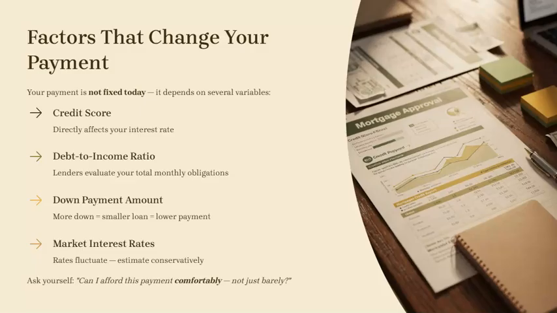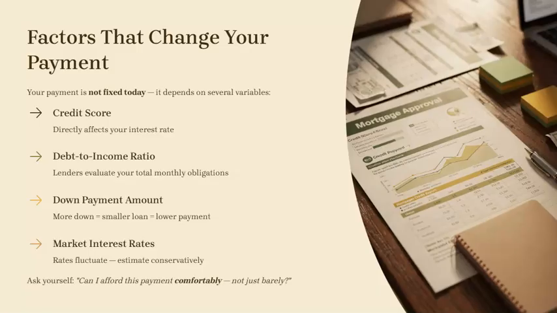Factors that change your payment. Now, your payment is not fixed today. It depends on several variables. Credit score. This can directly affect your interest rate. Debt to income ratio. Lenders evaluate your total monthly obligations. And then your down payment or upfront lease option payment.